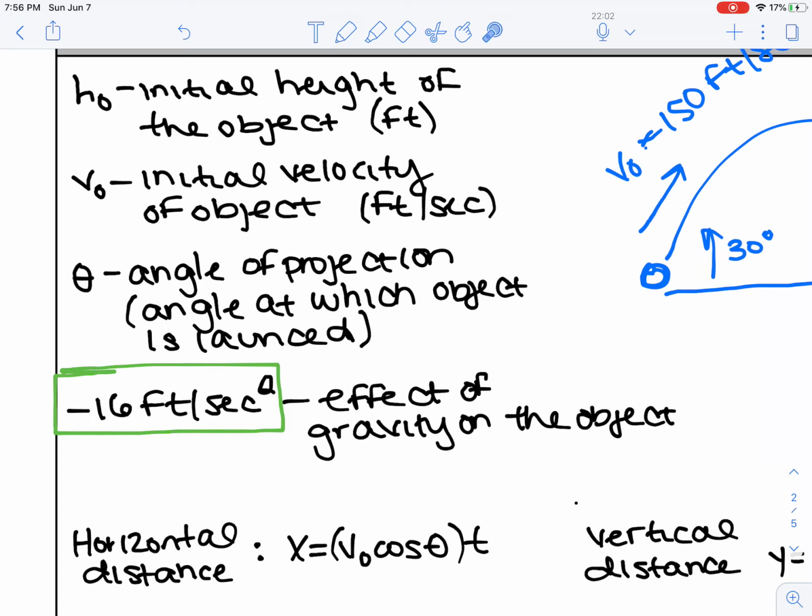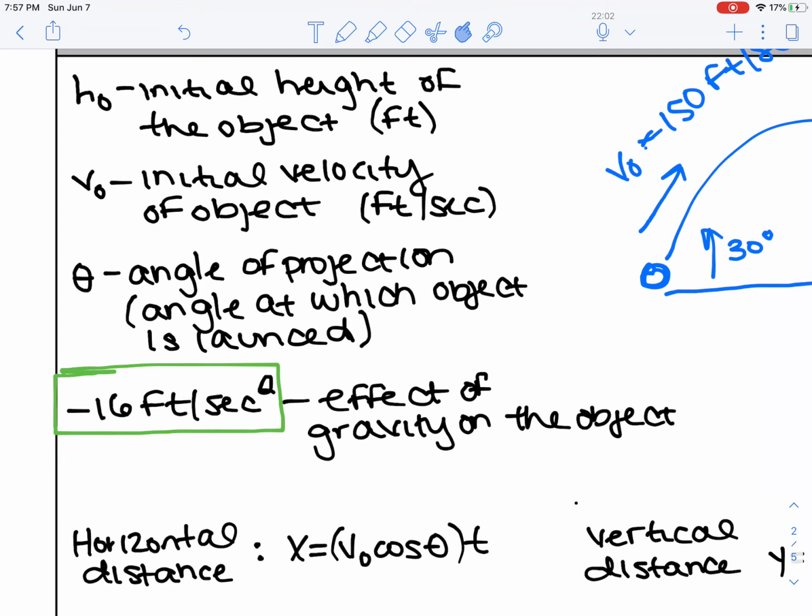We have this constant negative 16 feet per second squared, and this is the effect of gravity on the object. This is what's causing that golf ball to launch up into the air and then fall back down. These are just some notations. We've seen theta before, but it's important to understand what h sub 0 and v sub 0 mean, and we'll see this negative 16 in a second.